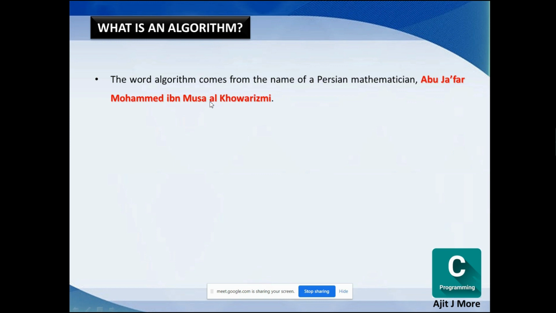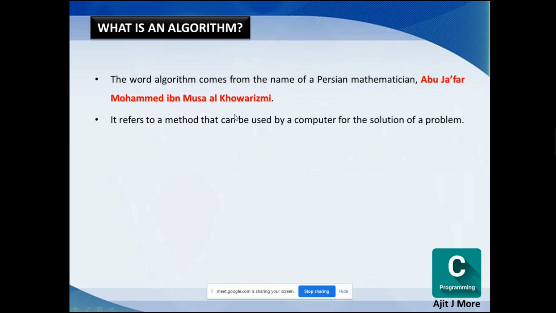From that al-Khwarizmi, the word algorithm came into English. Algebra is also derived from this Persian word. Algebra, geometry and algebra we study. So the word algorithm comes from the name of the Persian mathematician Abu Zafar Muhammad ibn Musa al-Khwarizmi.